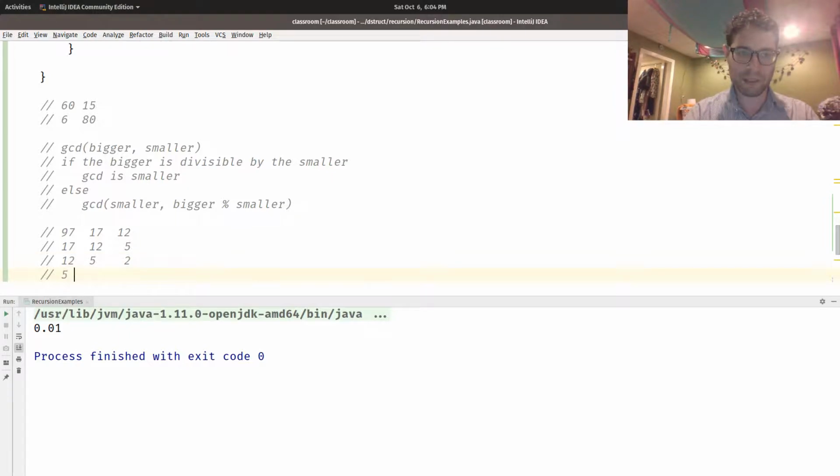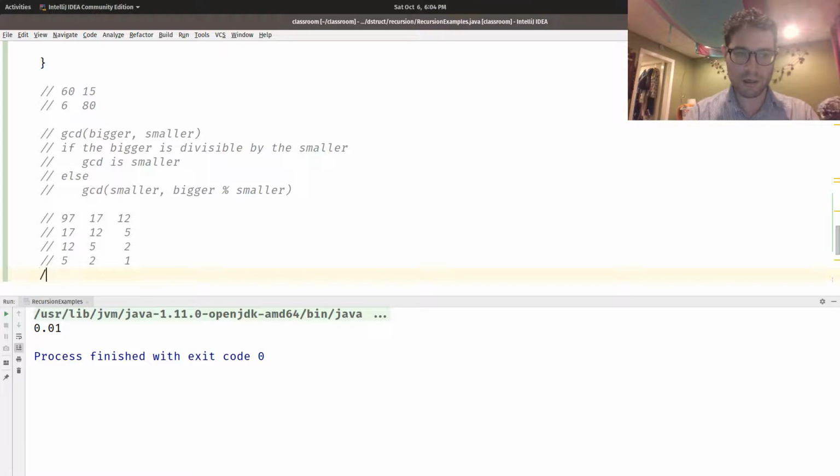Is 5 cleanly divisible by 2? No, it is not. So 5 mod 2 is 1. Okay, 2 and 1. Does 1 cleanly divide 2? I sure hope it does, otherwise everything about math I know is wrong. So the greatest common denominator is 1.